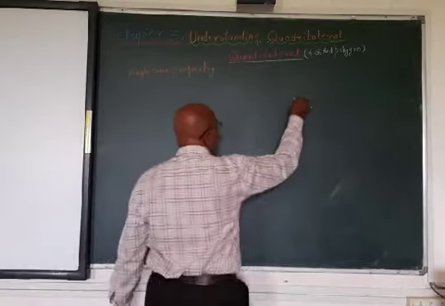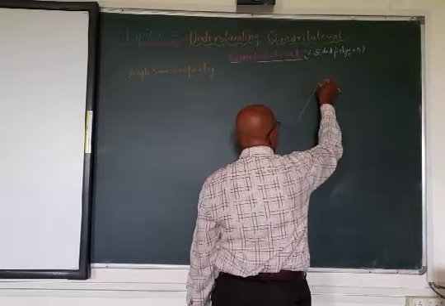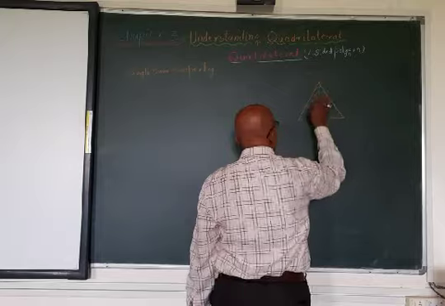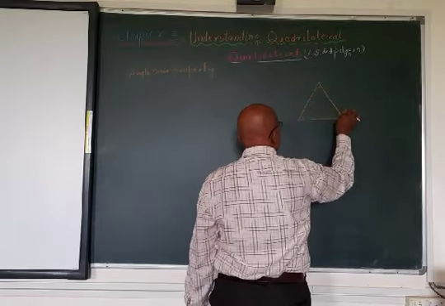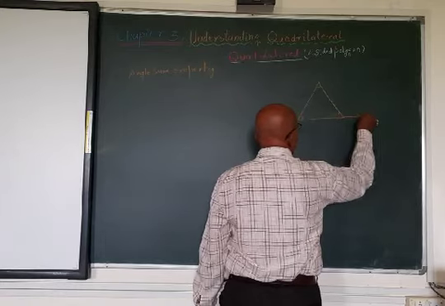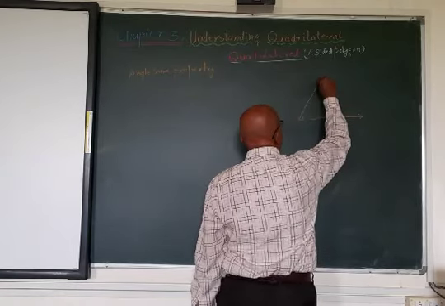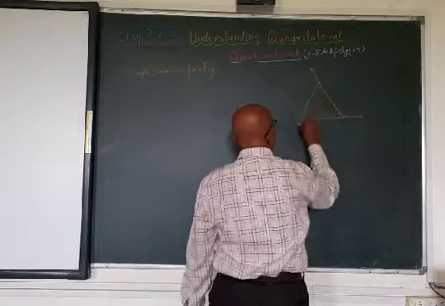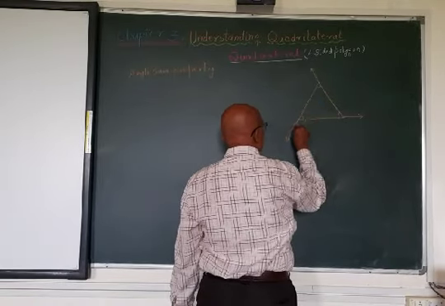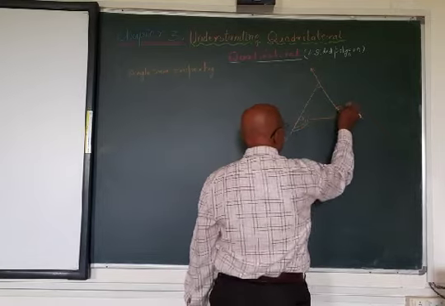Suppose I draw an isosceles triangle. These three angles are equal. So obviously their exterior angles, these are the exterior angles, will also be equal.